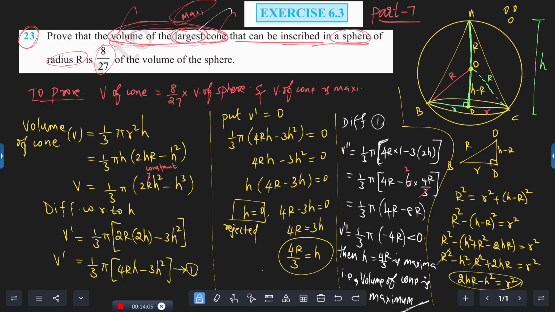That's it. Now one result I gave: volume of cone is maximum. This one we got. Volume of cone is maximum, I said. Then what I want to say? Volume of cone equal to 8 by 27 times the volume of sphere, you want to bring.